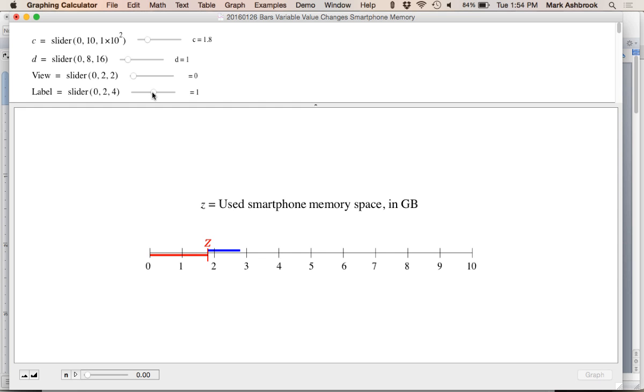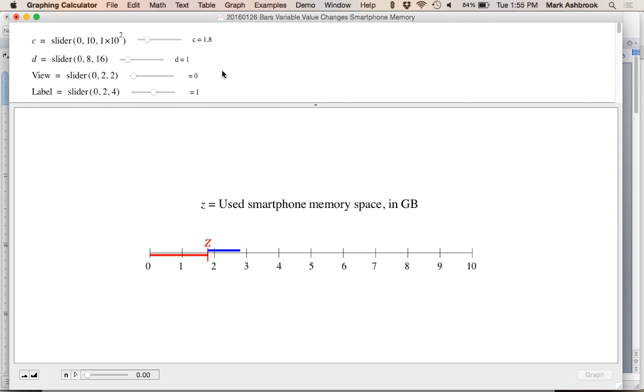Okay, other ideas for the blue? Because the phone needs probably something. So say the phone has a 10 gigabyte capacity. So ideas about the blue? The blue is probably like the amount of memory used just for the phone to run, like if nothing was on it.